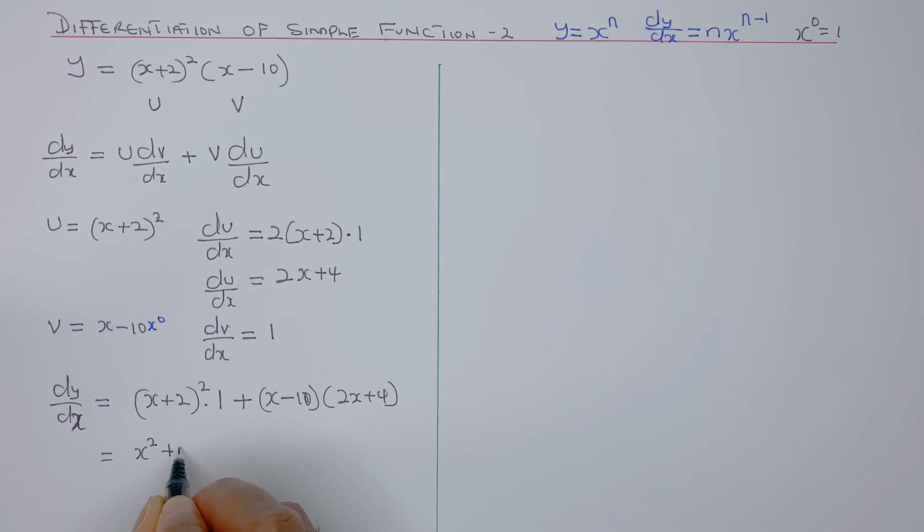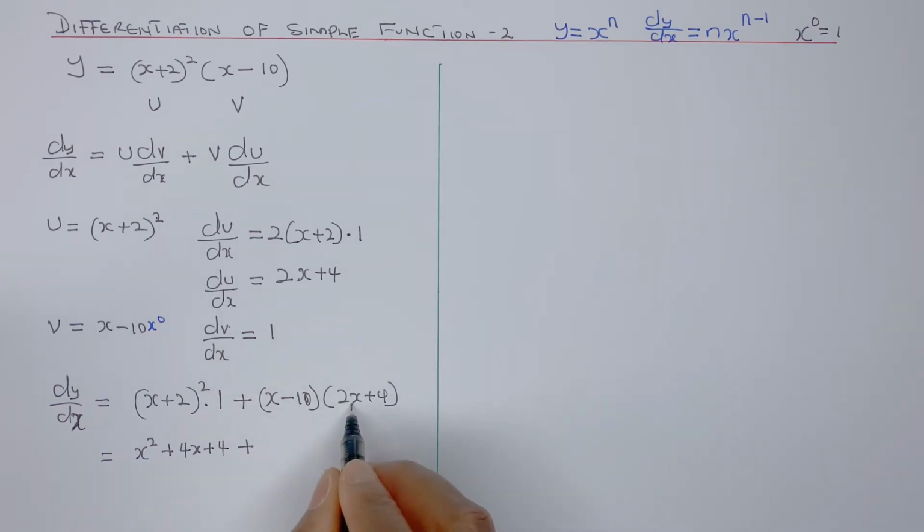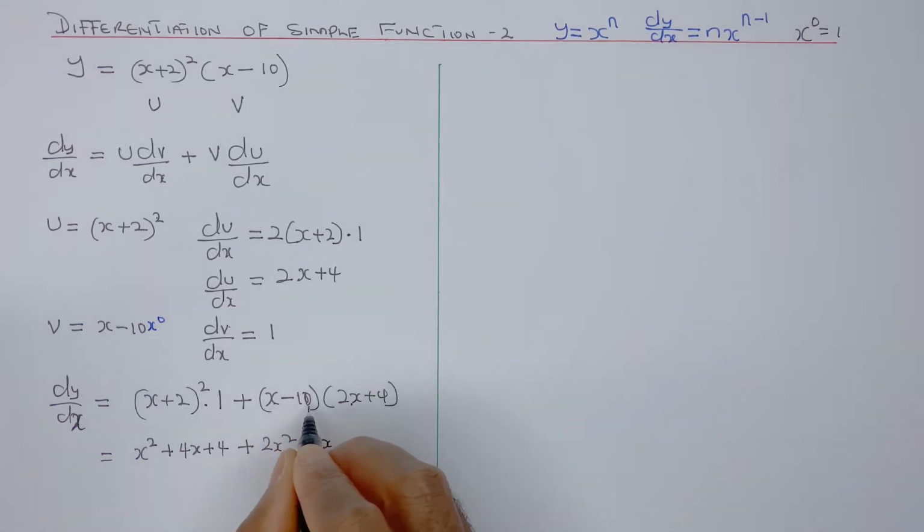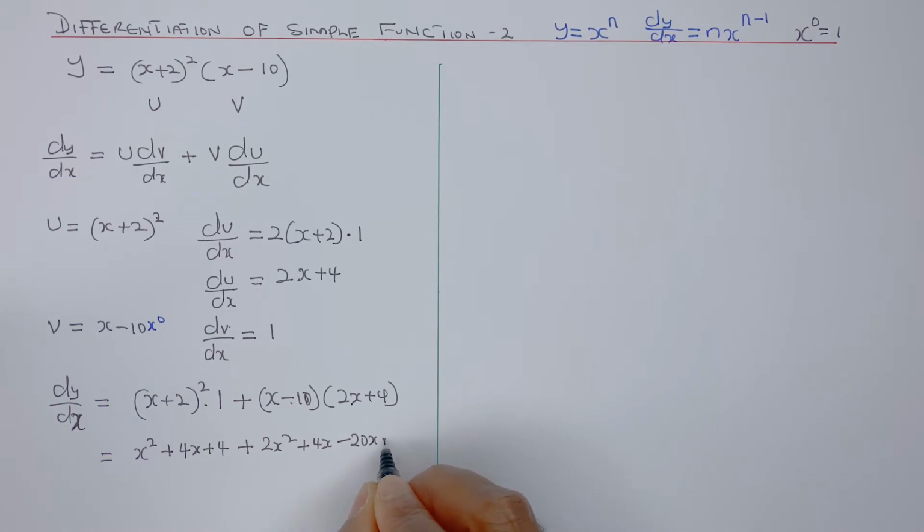So that would be 4x plus, and then you square the last, 2 squared is 4. Then plus x times 2x is 2x squared. X times 4 is plus 4x. Minus 10 times 2x is minus 20x. Minus 10 times 4 is minus 40.